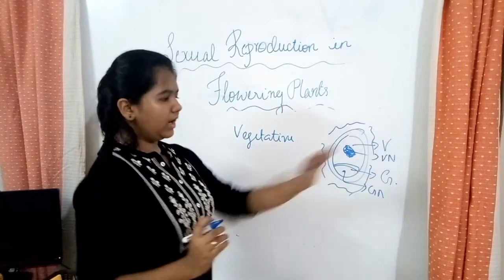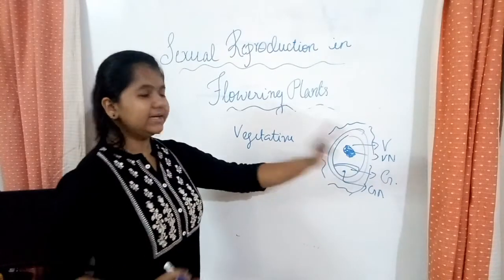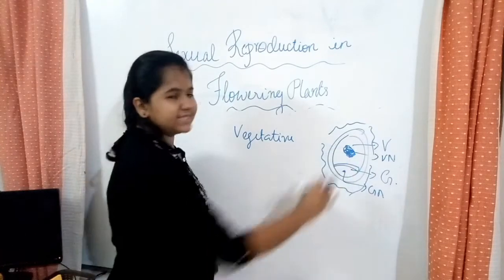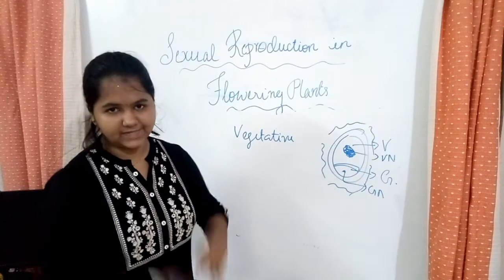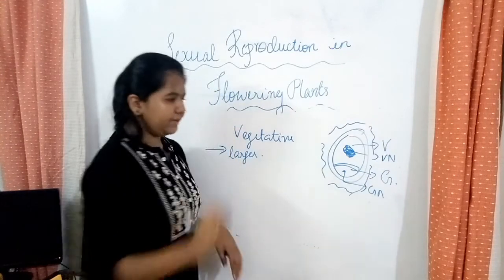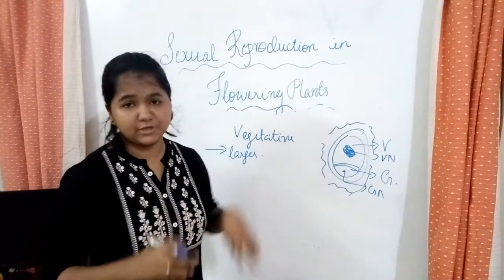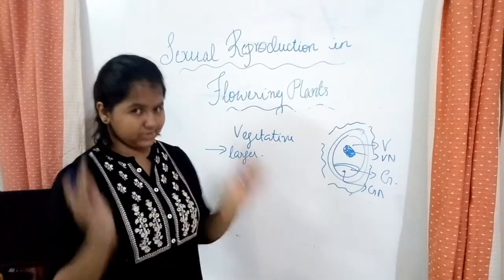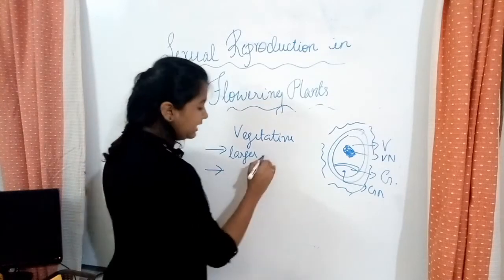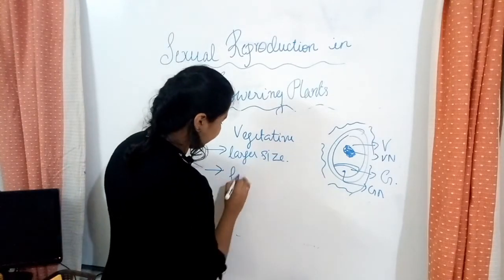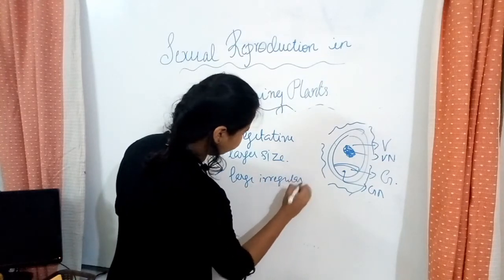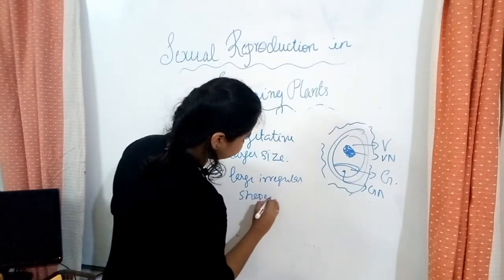Now we are learning about the vegetative cell and the generative cell. Compare the size of the cells. You can see the vegetative cell is larger. So the first point is larger size. And you can see the difference between the nuclei. Over here the nucleus is larger and also irregular in shape. So: larger size, large, irregular-shaped nucleus.